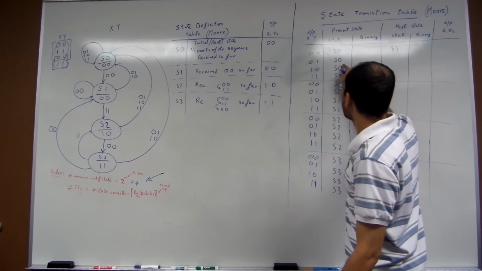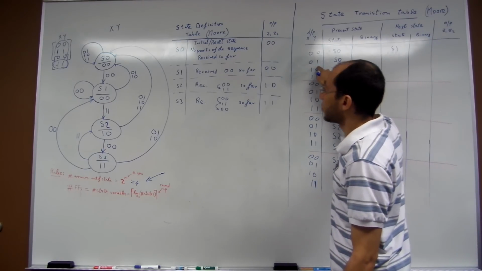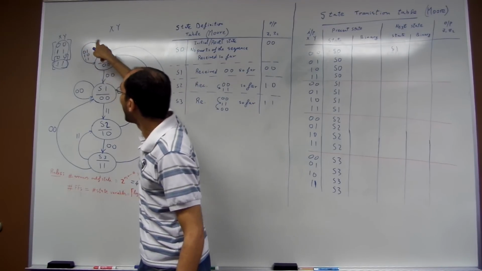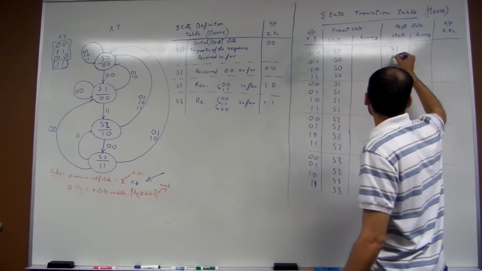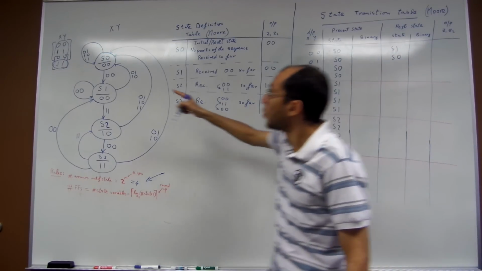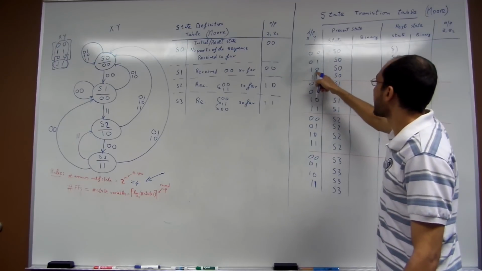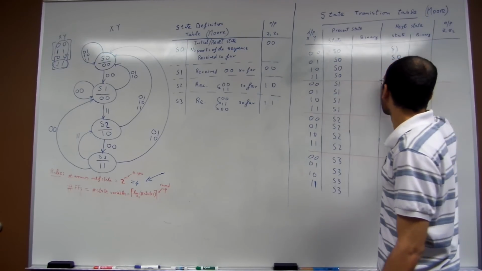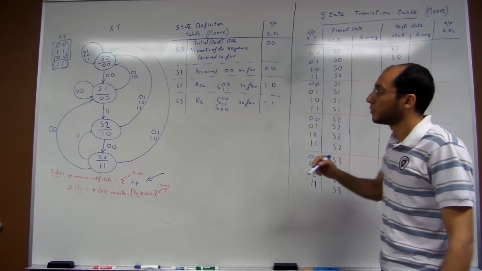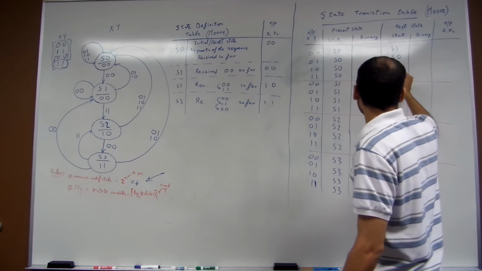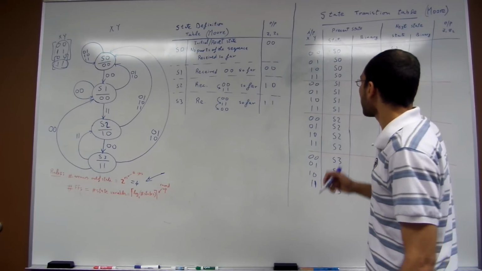S0 with an input of 01, you go back to state S0. With 10, you go back to state S0. Similarly, S0 with an input of 11, you go back to state S0.